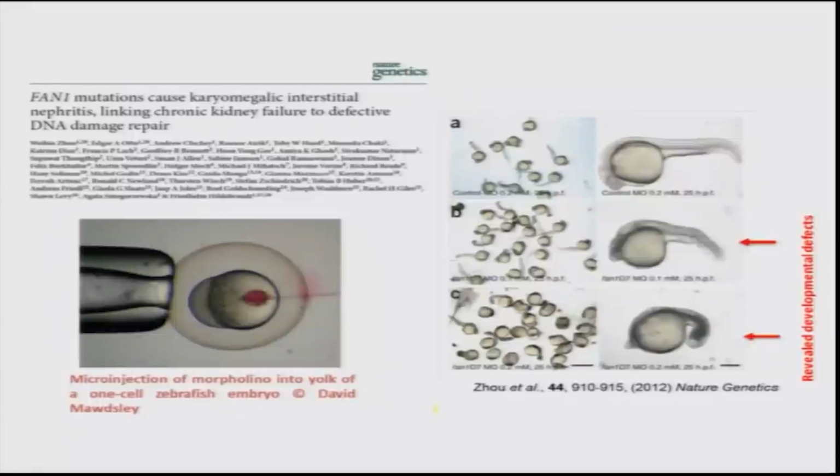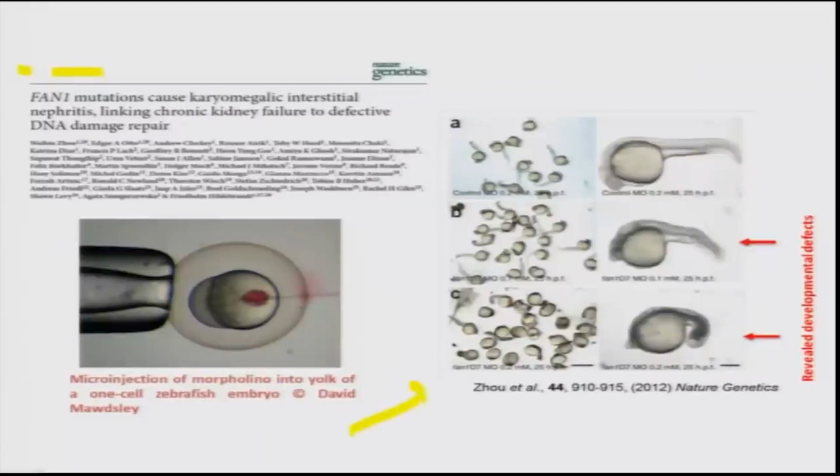In fact, this paper used the zebrafish model to understand a gene which is even involved in human development and function. For example, this particular gene called FAN1, mutation in the gene causes interstitial nephritis, a defect in kidney function, and it is a genetic mutation. It is a severe condition affecting humans, and they found some mutation, but they were not sure how this gene or its mutation affects kidney function.